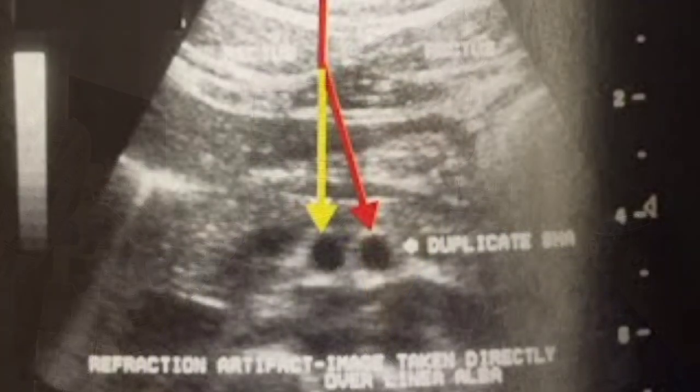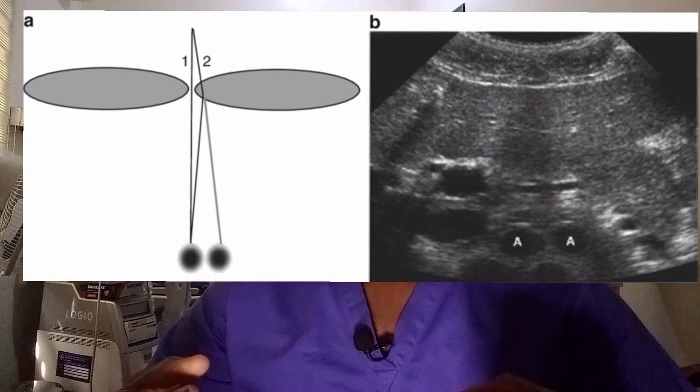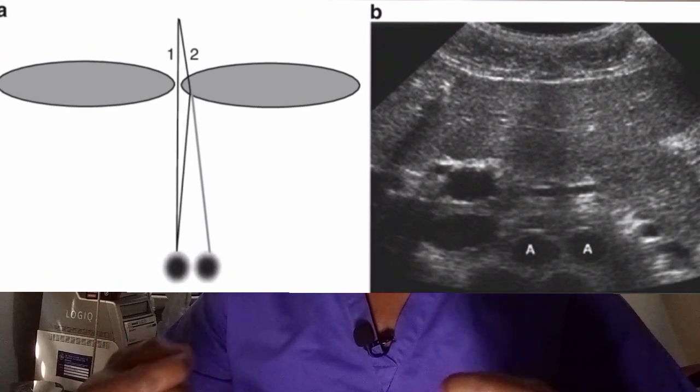When the sound beam is pointed to the left, it is also refracted back towards the midline and therefore displays another image of the superior mesenteric artery that is shifted towards the left. If the transducer is moved to one side or the other, the artificial duplication can be eliminated. This type of duplication artifact may also cause a double aorta in the abdomen.